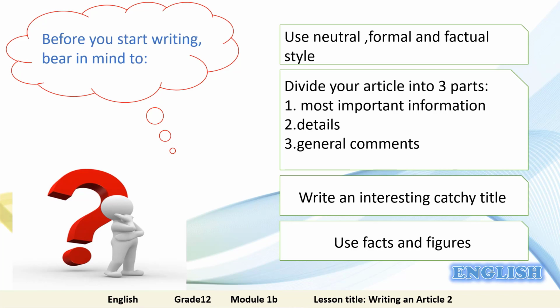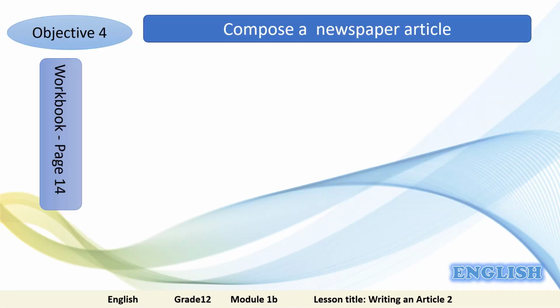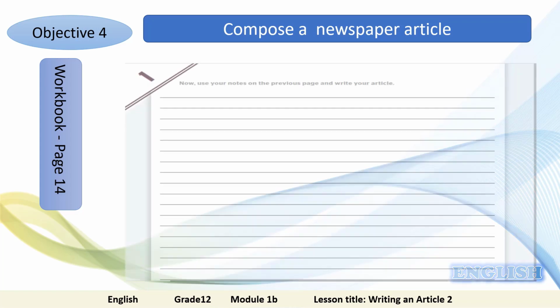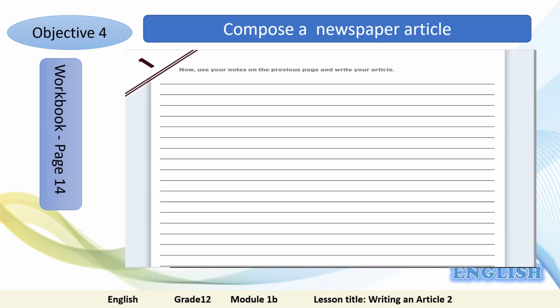You need to back up whatever information you include with facts, figures, numbers, anything that will make your article stronger. As for objective number 4, now we're supposed to write a newspaper article. Please open your workbooks on page 14 and start writing.